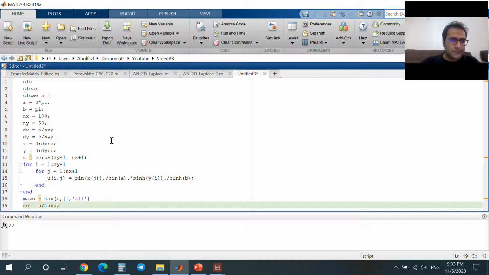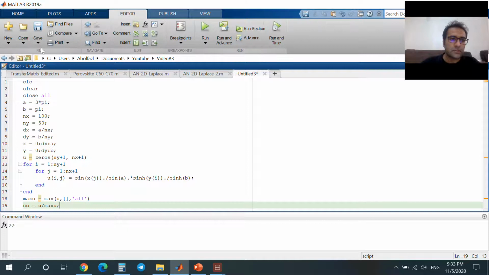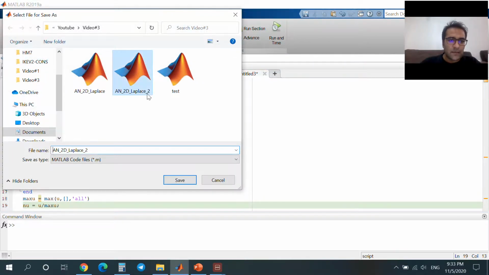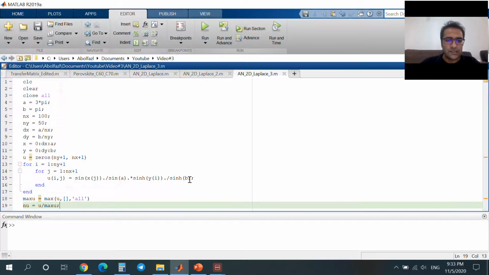Okay, let's save it. Go to the editor file and save as, it's the third code that I write, analytical numerical two-dimensional Laplace. Save it.